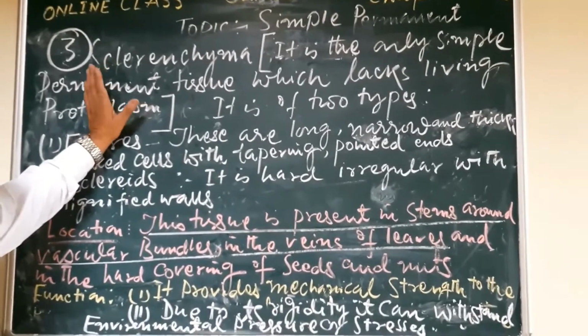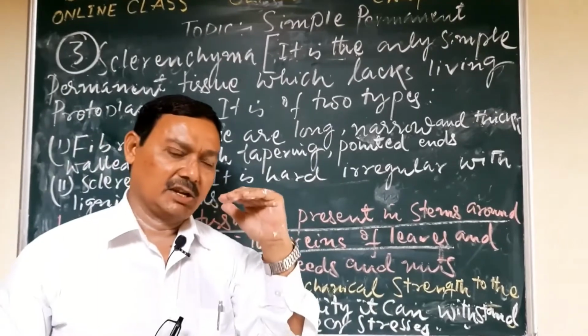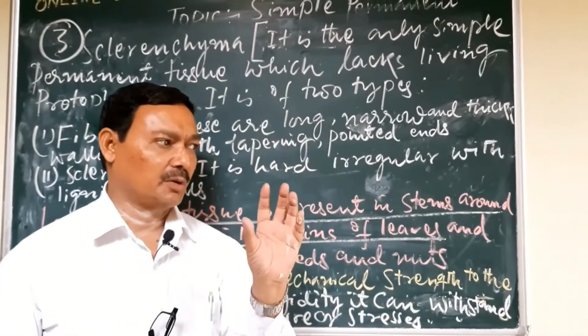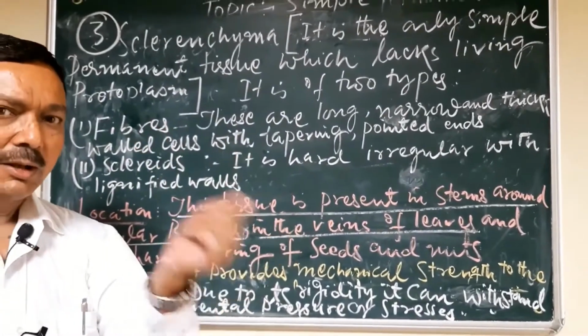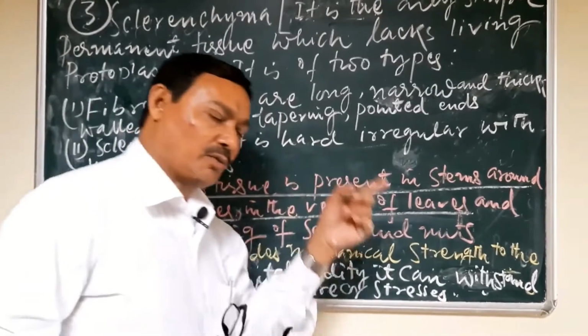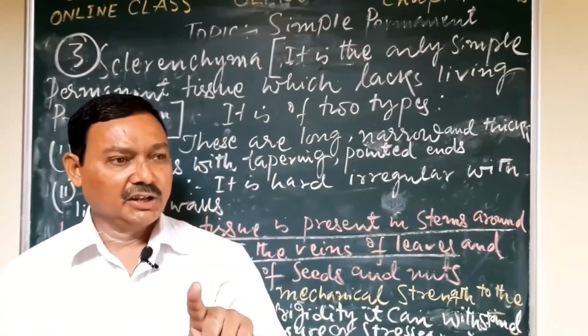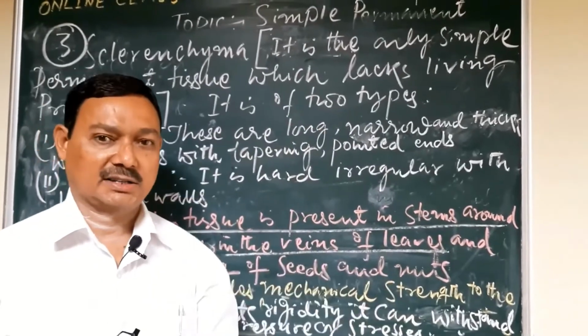In the parenchyma, you have seen that it provides strength and protection to the softer regions of the plant. The second one, Collenchyma, provides strength in the flexible regions, the bending parts of the plant.